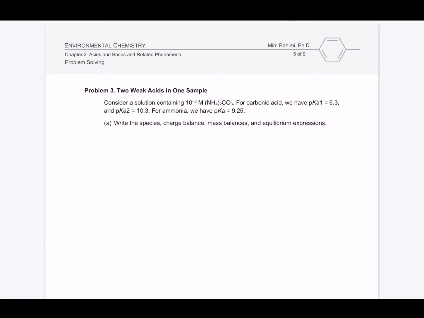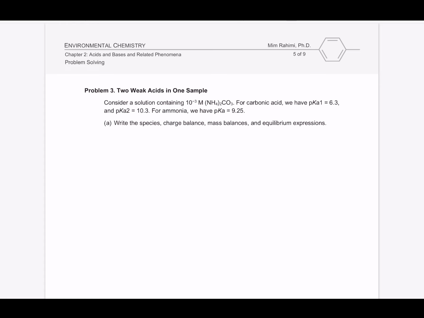In the previous example, we added ammonium chloride, NH4Cl, so the cation was introducing an acid-base to the system: the ammonium-ammonia reaction. But here, the anion, carbonate, is also introducing carbonate-related acid-base reactions. So by adding one salt, we're introducing two acid-base systems to the solution.